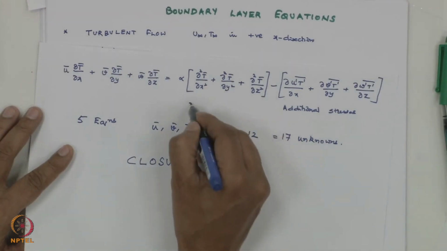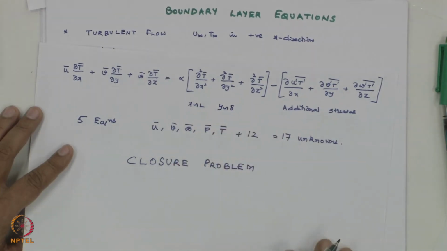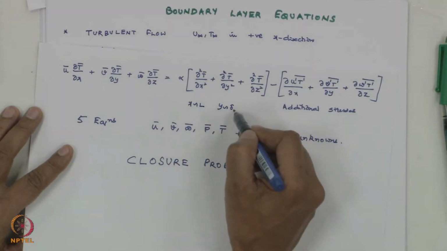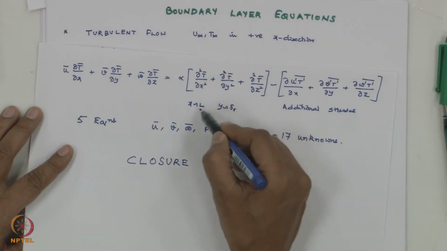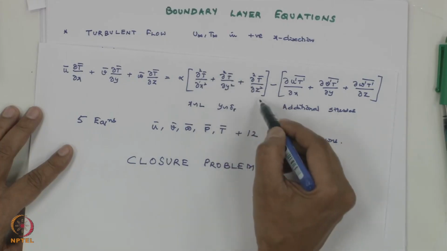Here X is of the scale of L and Y is of the scale of delta, as we had taken. So delta T is very much smaller than L. So the X term will vanish and only the Y term will be there, and the del by del Z term is anyway not there.